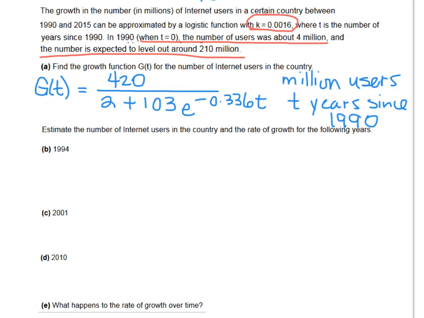So at this point, we're given several values for t. The first one is 1994. In 1994, that is 4 years after 1990.